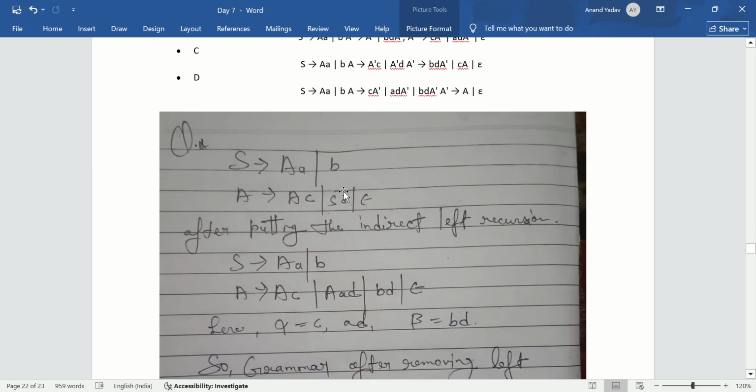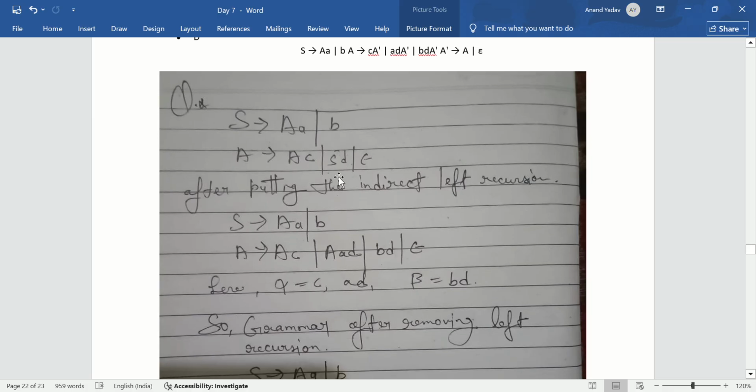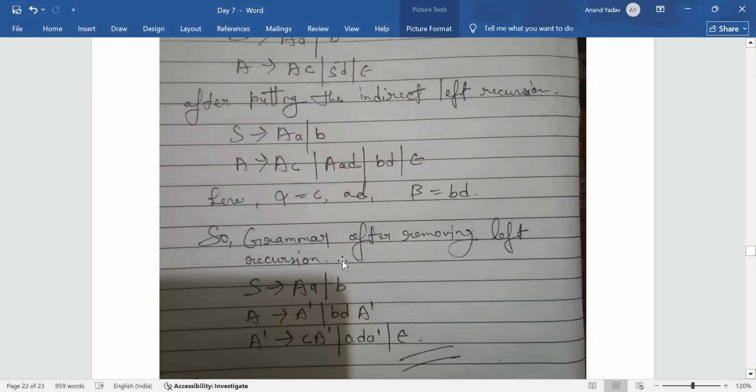These are the grammar. First, I eliminate the indirect left recursion. This S is the indirect left recursion. For removing this, first we put the value of this A, capital A and b, at the place of S. So we will get this production.